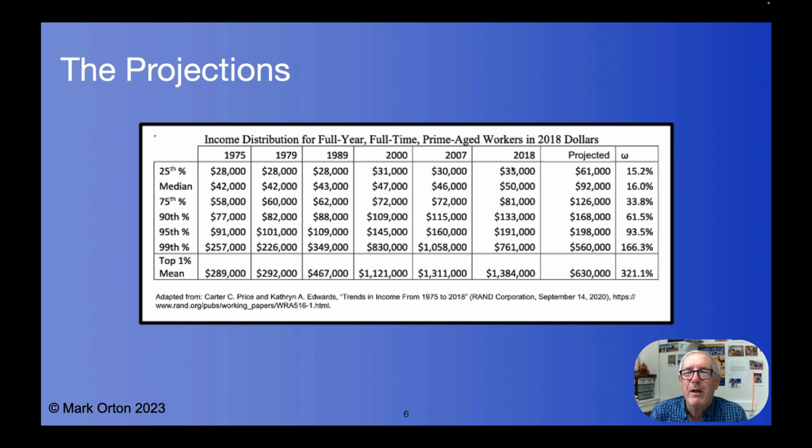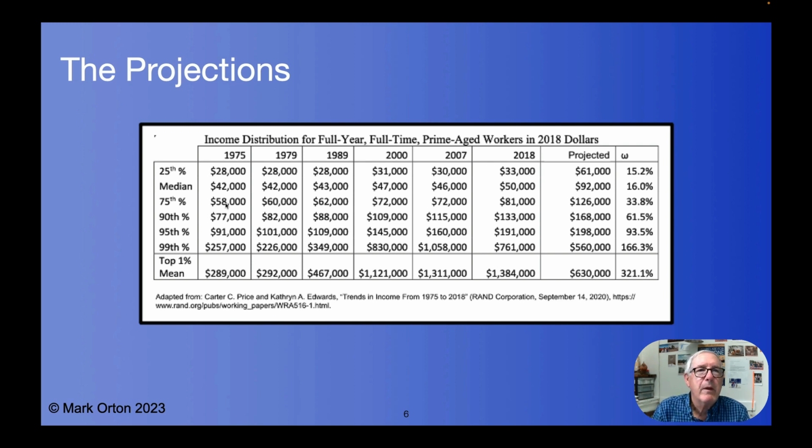And then they said, well, if that cohort had continued to share in the increase in income as it had in the period from 1948 to 1979, what would it be in 2018? It would have been $61,000. So that's like 90% more than what they actually received. And in fact, this 15% is the increase between 28,000 in 1975 and 33,000 in 2018. So that's a span of 43 years.